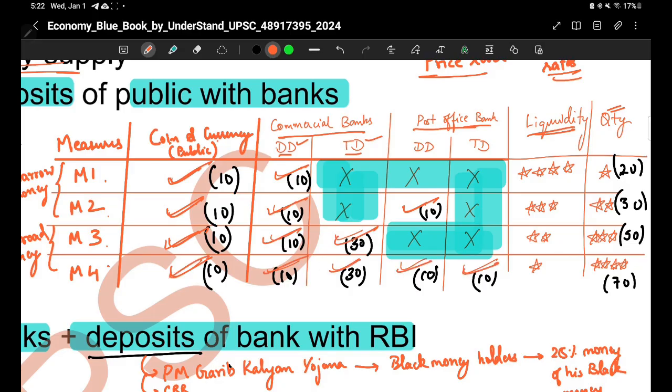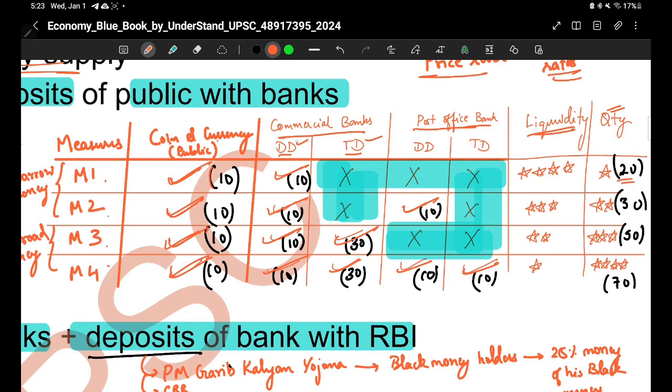Now we'll see what is M1. Let's say coin and currency with public. There is some 10 rupees worth of money with the public in the form of coin and currency. In commercial banks, let's say demand deposits, again 10 rupees. So what is the total amount? 20 rupees.